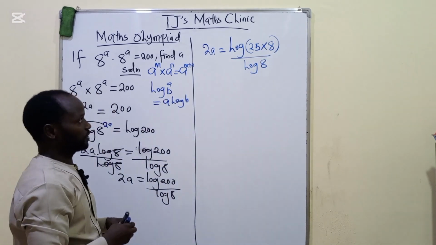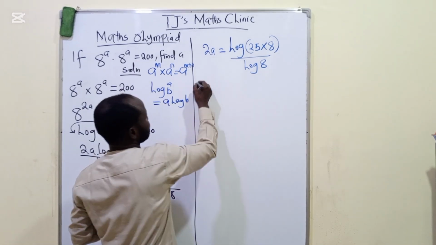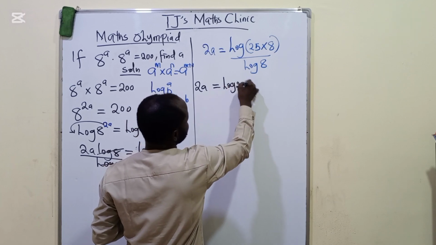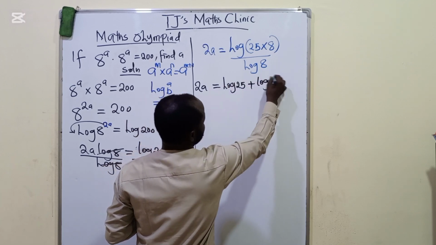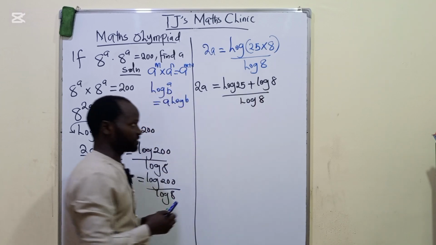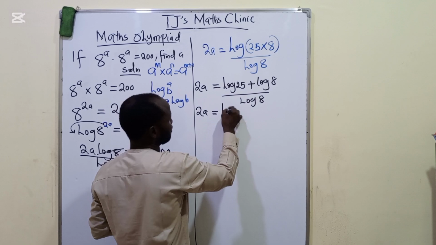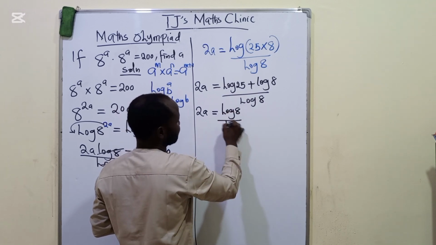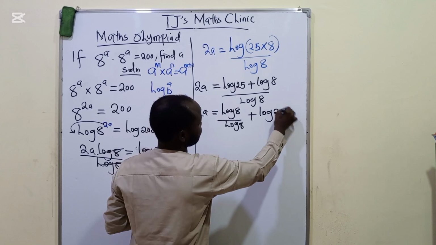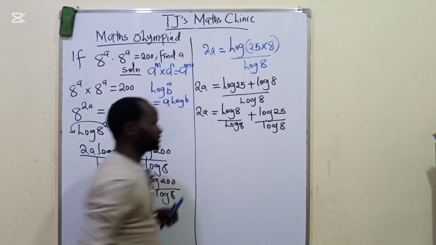Very important. From the addition law of logarithm, we can write this as 2a equals log 25 plus log 8, divided by log 8. We can split this. It means we have 2a equals log 8 divided by log 8 plus log 25 divided by log 8.